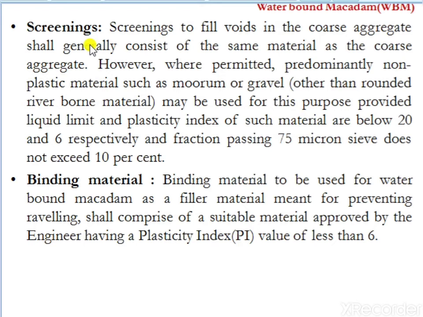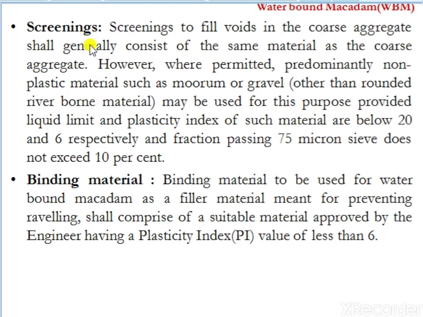Sometimes we will use materials which are non-plastic, such as moorum or gravels, and there is a condition that the materials should not be a rounded riverborne material. These types of materials are used in filling up the voids, or in the screening.